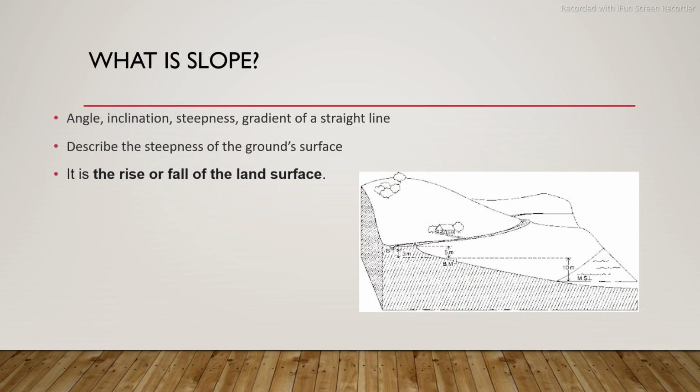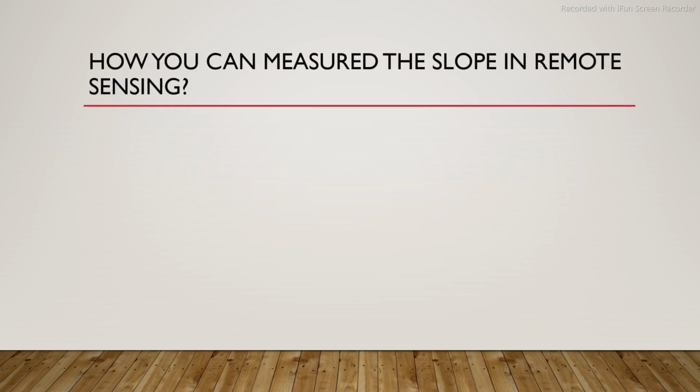So mainly we can say that slope is the inclination, steepness or gradient of the ground surface. It defines the rise and fall of the land surface. Now, how can we measure slope in remote sensing? We can use different types of remote sensing data here.